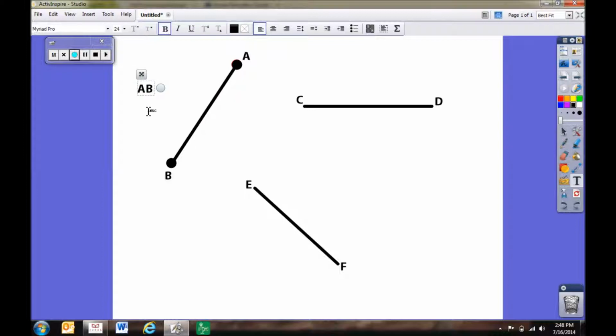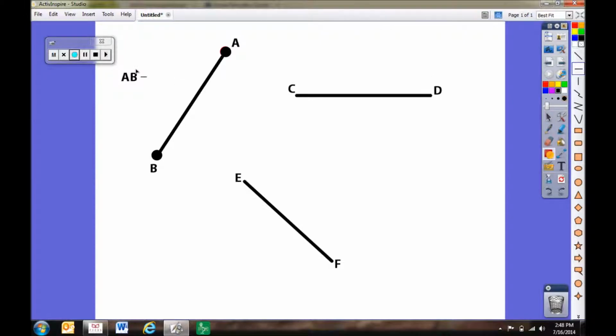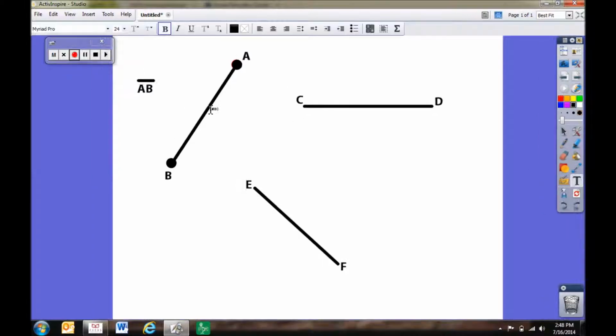And you put a bar above it. Hold on one second. There's something very important you have to finish with. That right there, my friends, is the correct name for this line segment AB. Now at some point you may be thinking, isn't there another name? Yes, there is.